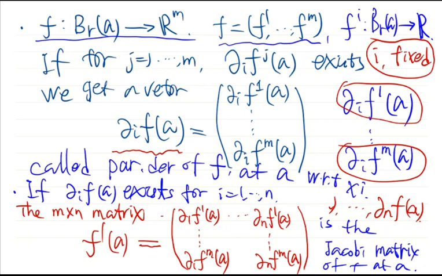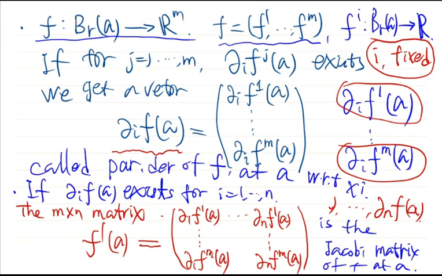The first row of this matrix is the partial derivative of the first component of our vector valued function f, and the last row is the partial derivative of the last component f_m. The columns are counted by independent variable.